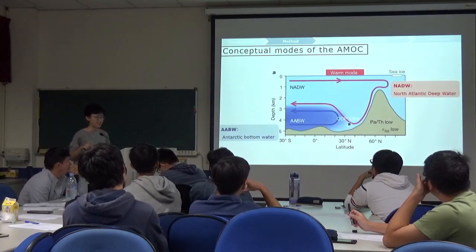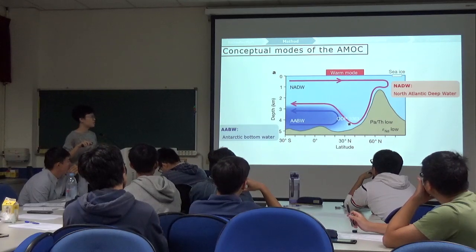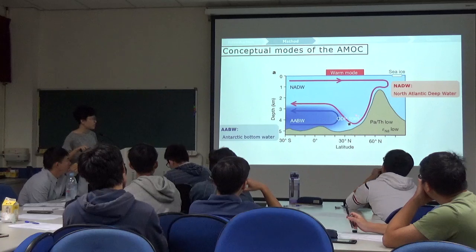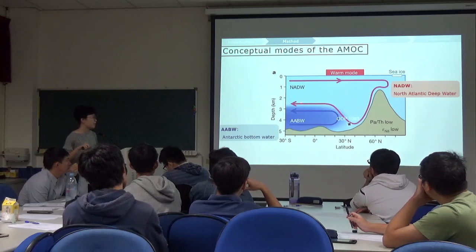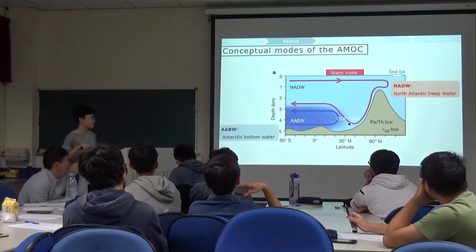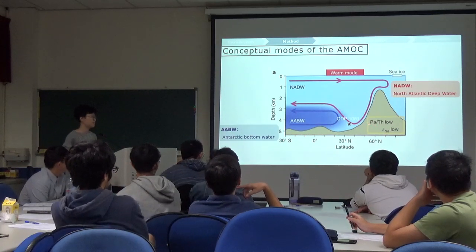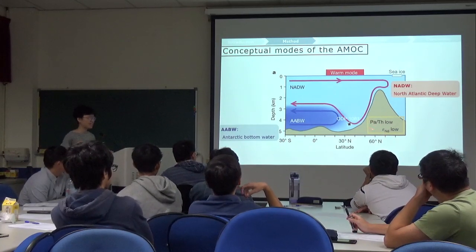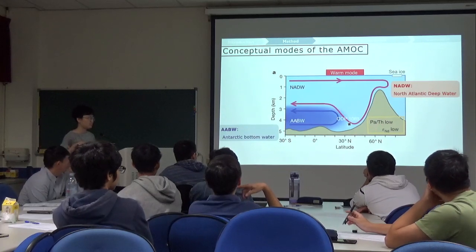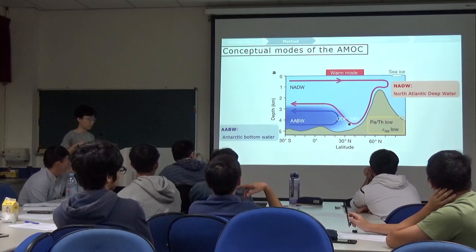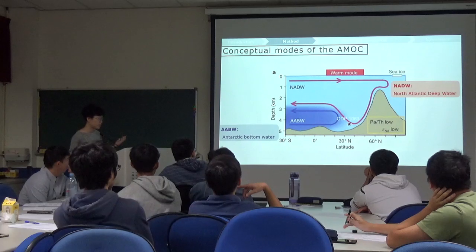For example, the warm mode is dominated by deep and strong NADW and weak AABW, and is reflected by low protactinium-thorium and low neodymium values. So we use this model in our discussion.